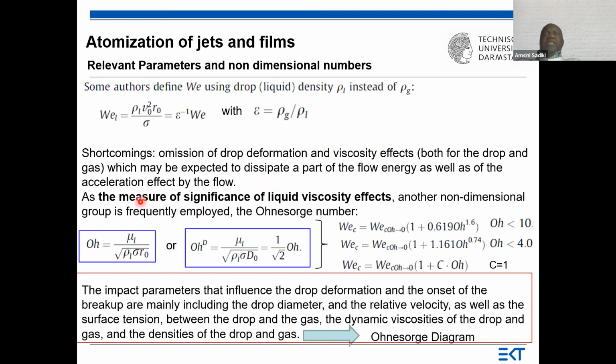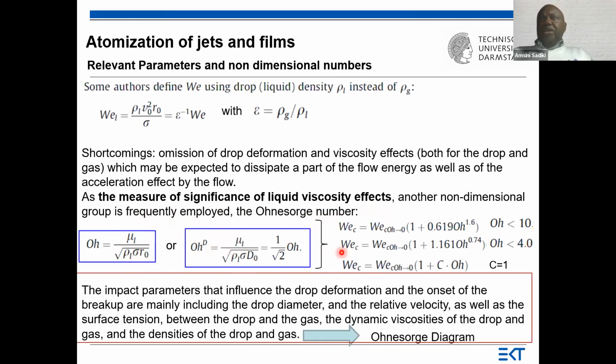And we know that we can then introduce the measure of significance of liquid viscosity effect. We can introduce this by considering another number, which is frequently used, the Ohnesorge number. The Ohnesorge number is defined as a function of the viscosity of the liquid and also the surface tension. We can do it as a function of the radius or a function of the diameter.